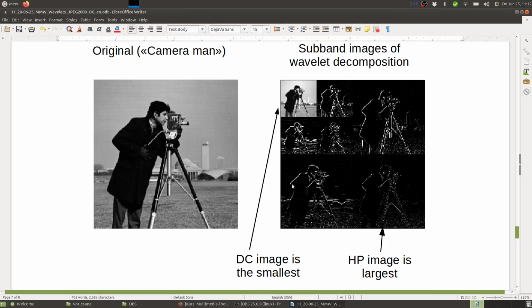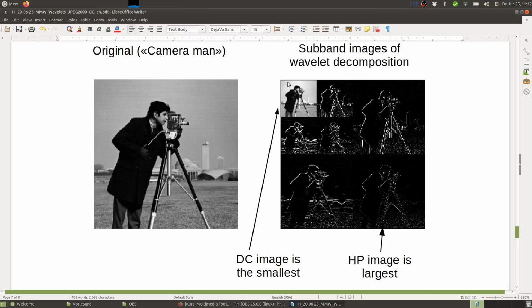And you can also see we just have 2 stages, right? Because this was coming from the first stage, the high frequencies, and then the lower frequency was subdivided again by 2 by 2. So this is just 2 stages of the subband decomposition.